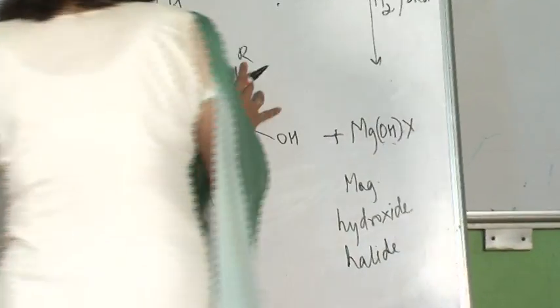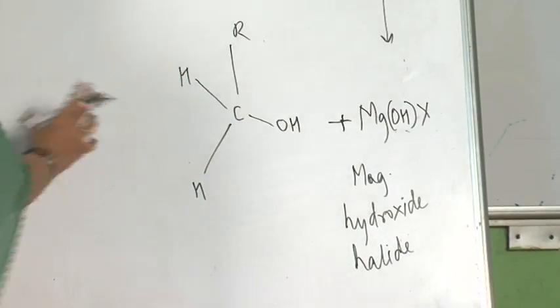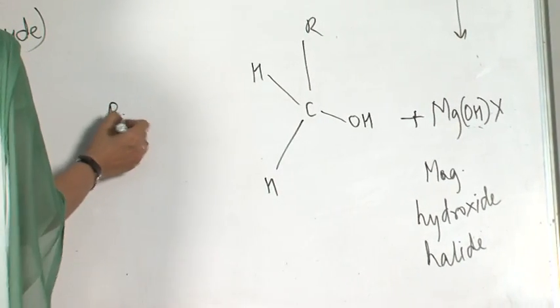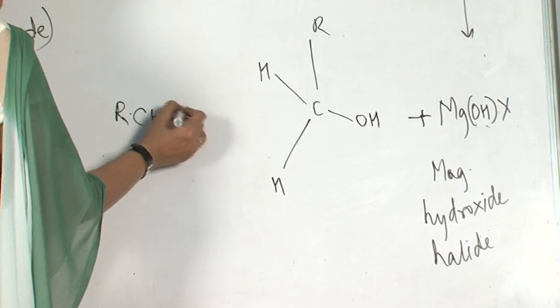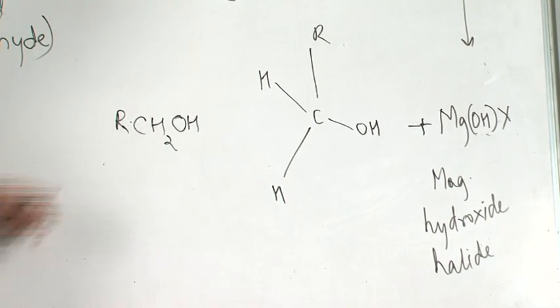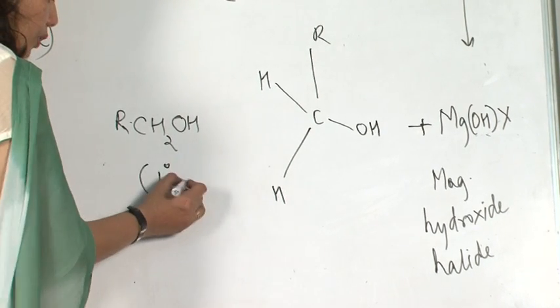Now, if you find it difficult to write like this, you can write this compound this way, RCH2OH. Now, here you see this is a primary alcohol, 1 degree alcohol.